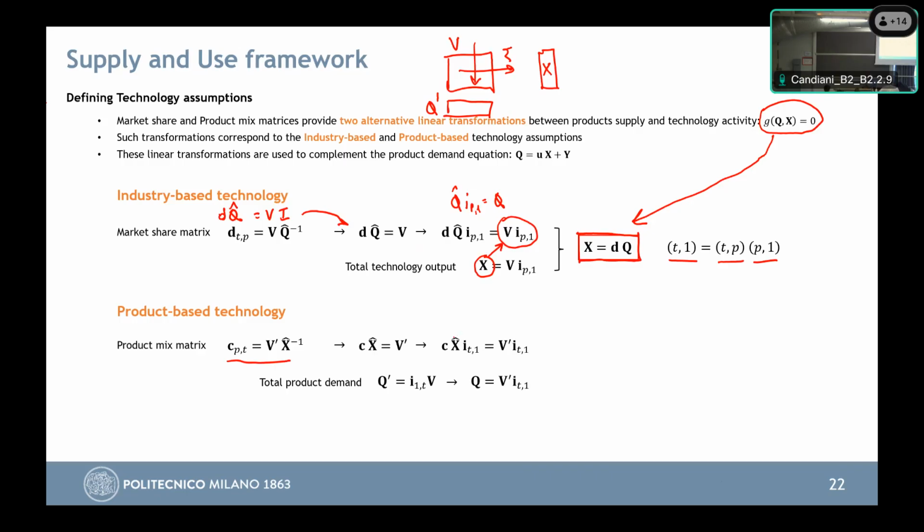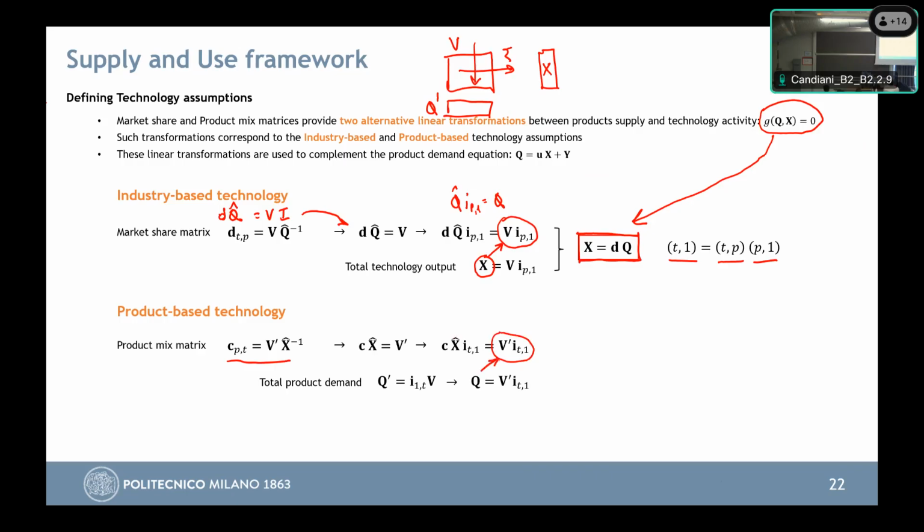We get an expression that ultimately, at the left and right-hand side, leads to the column sum of the transpose of V. So this is simply the row sum of V, and this in the end is Q.